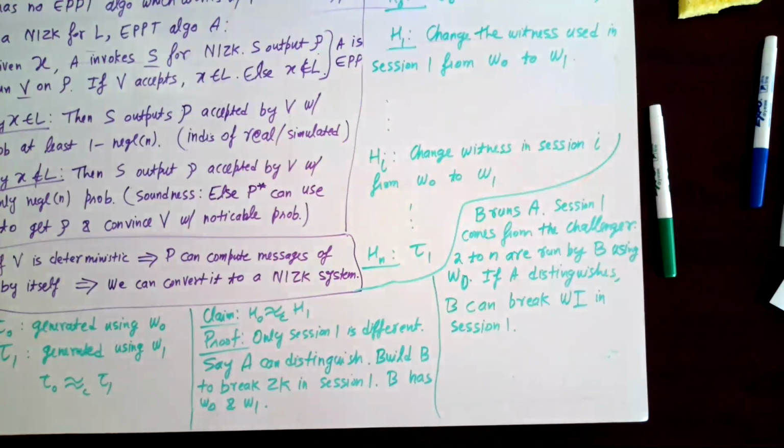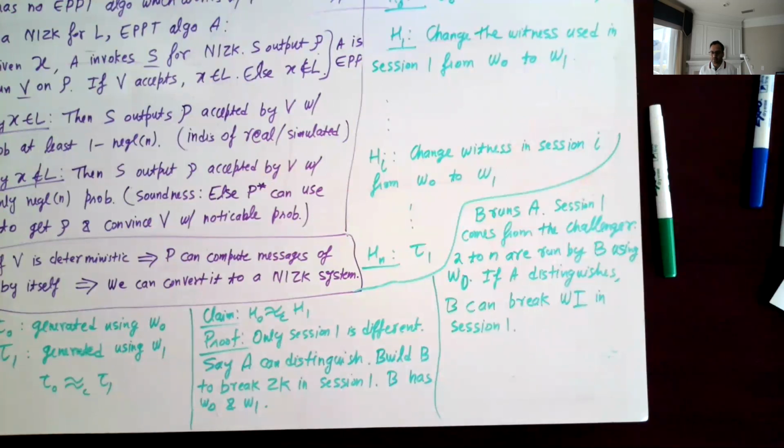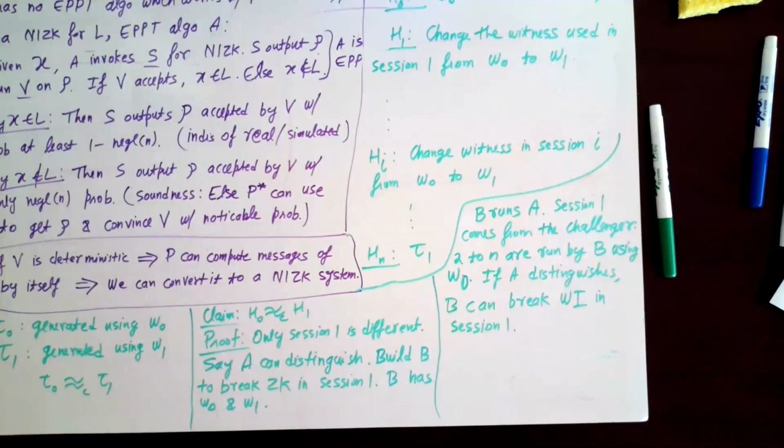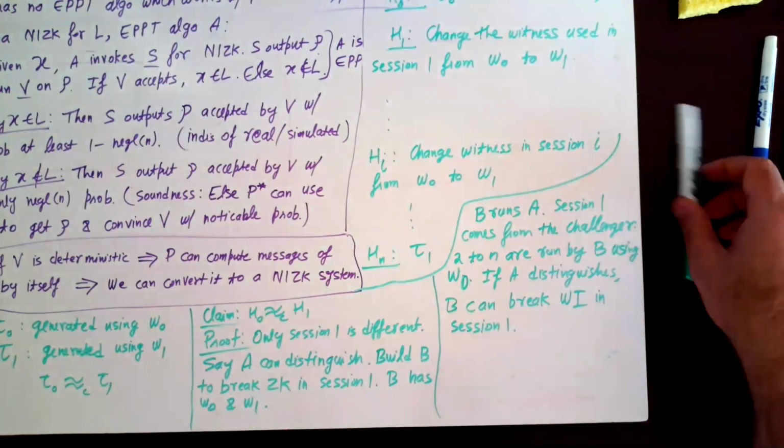No, what I'm trying to say is that when B runs it, B cannot take information across sessions and combine them to do something. But when A's verifier does it, it can take information across sessions and try to find out something. That is the difference. Yeah. I mean, session 2 to n are missing, right? That's the main difference.